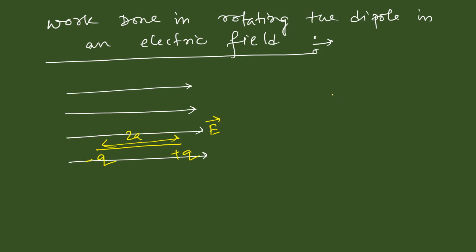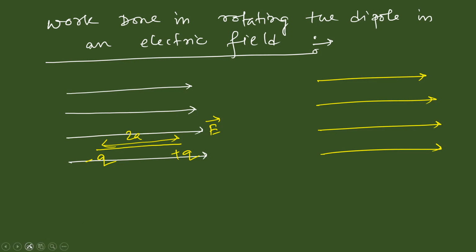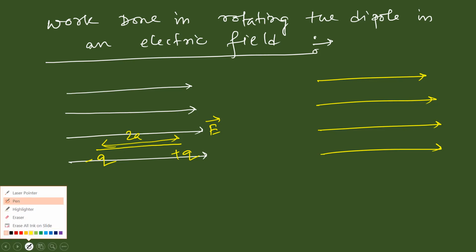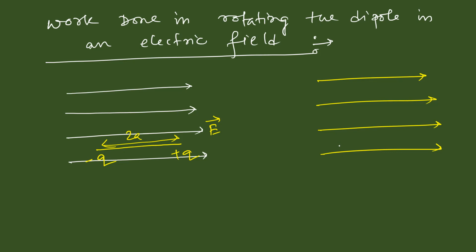So whenever the dipole is rotated with some angle of theta, then the diagram will be different. I'm just drawing the diagram. So now the dipole is rotated with some angle of theta, but let me at first draw the dipole.